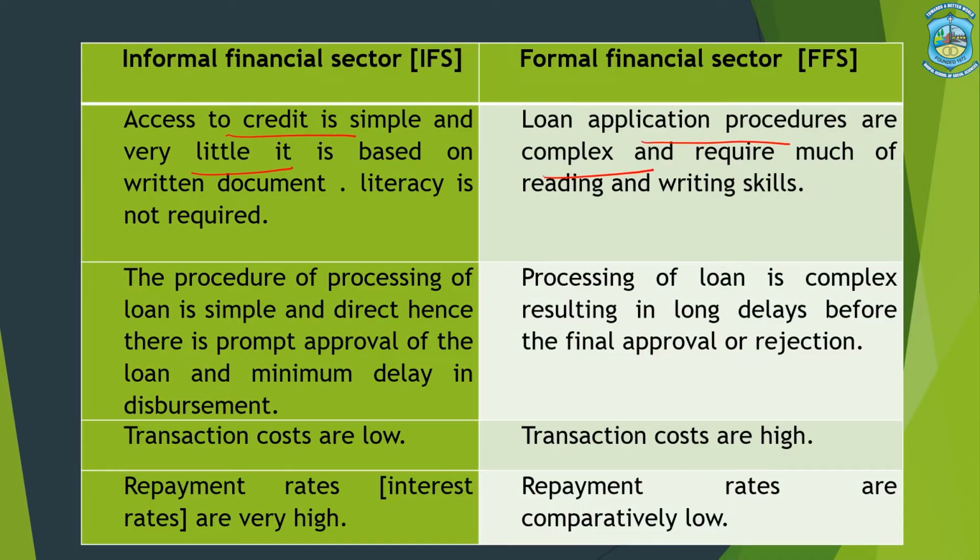The procedure for processing of loans is simple and direct in the informal sector, whereas processing of loans is complex in the formal sector. Transaction costs are very low in the informal sector and very high in the formal sector, and repayment rates are very high in the informal sector and comparatively less in the formal sector. These are the major differences between the informal and formal financial sectors.